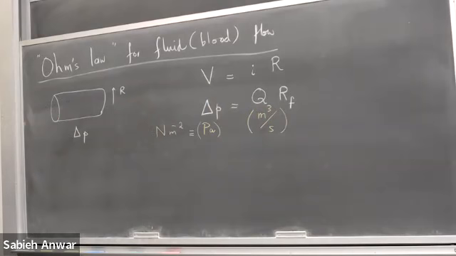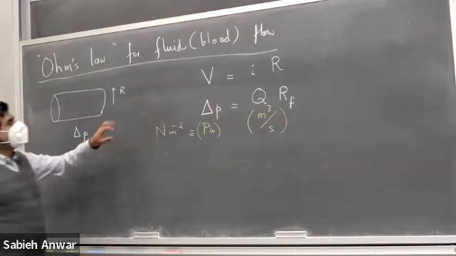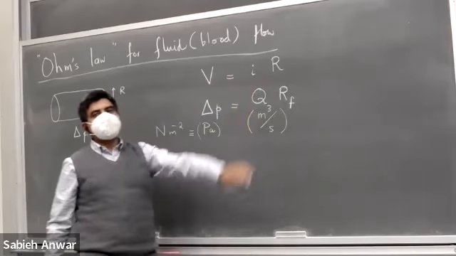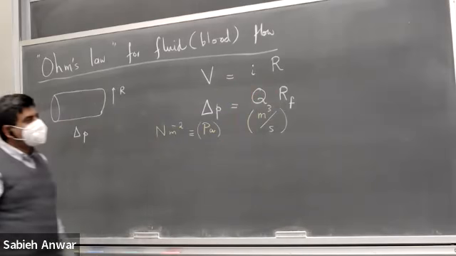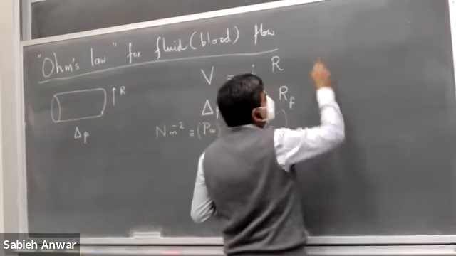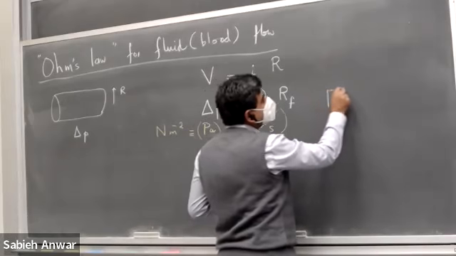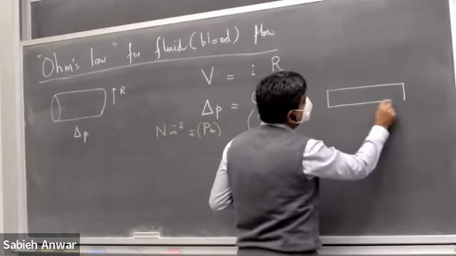So let's work out this problem from the perspective of physics. What is the analogous quantity to resistance? But before we move on to that, I would like to recall the concept of stress and strain. Suppose I have a solid object.